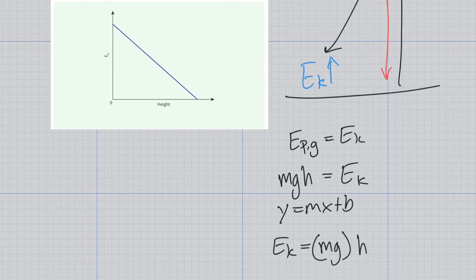But essentially, we can rewrite this as the slope of my line being mass times gravity, and my x variable is the height. So we can see that this would be a constant slope. This slope here would equal mass times gravity, and that energy kinetic is simply a linear relationship compared to height.